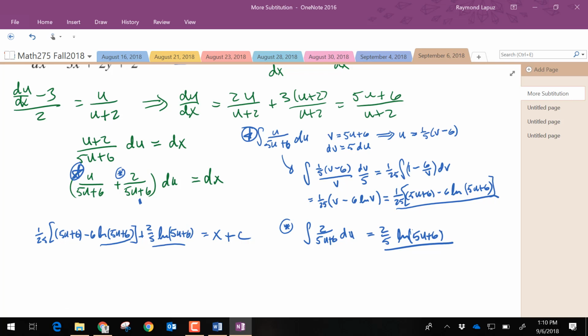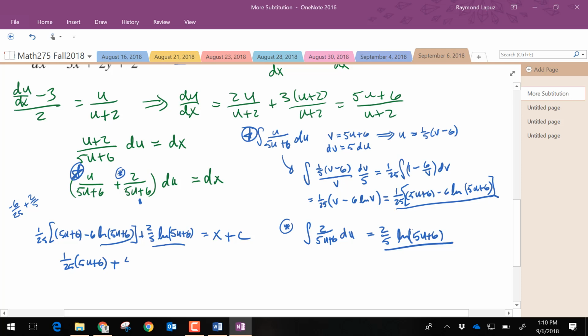All right, so let's see if we can combine this. This is negative 6 over 25 plus 2 over 5. What is that? 4 over 25? Negative, right? Positive. Positive 4 over 25. So 1 over 25, 5u plus 6, positive.